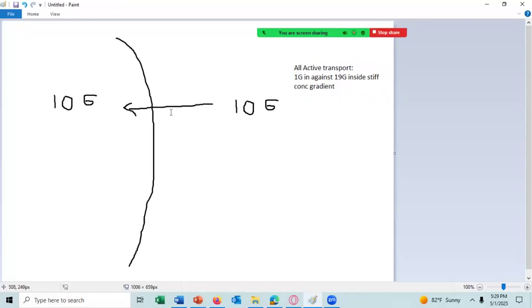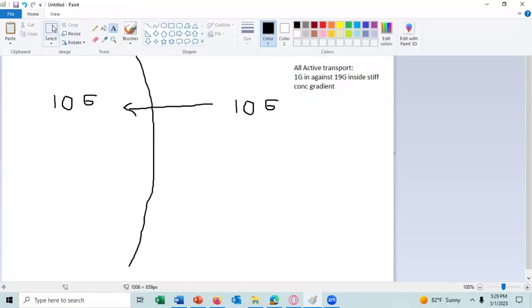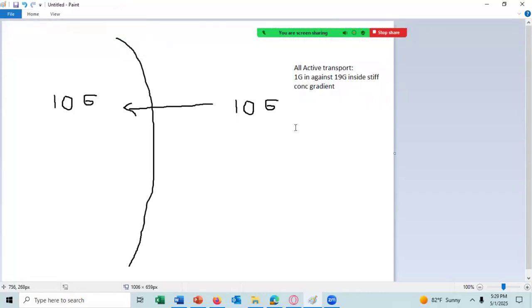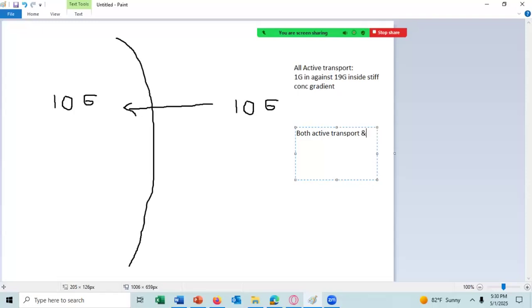Let's say we break this up, which is actually something that bacteria cells do. And in this one, both active transport and group translocation are occurring.